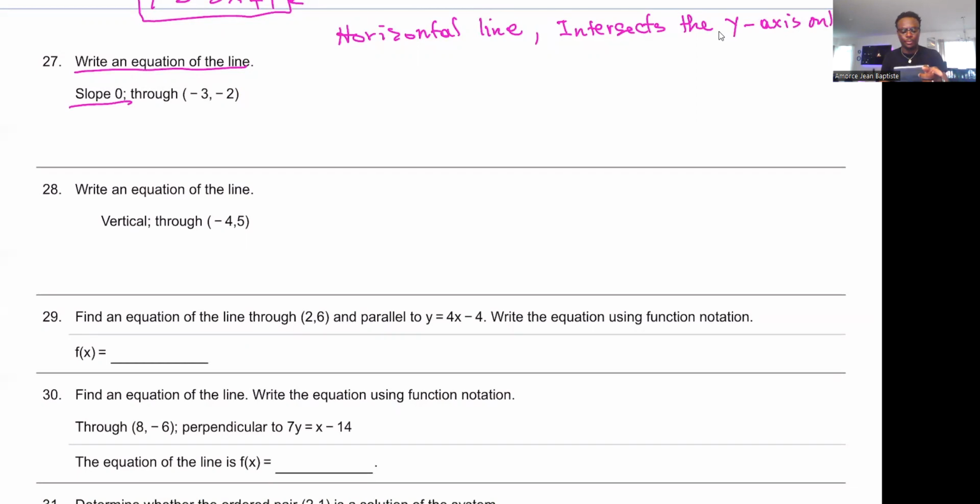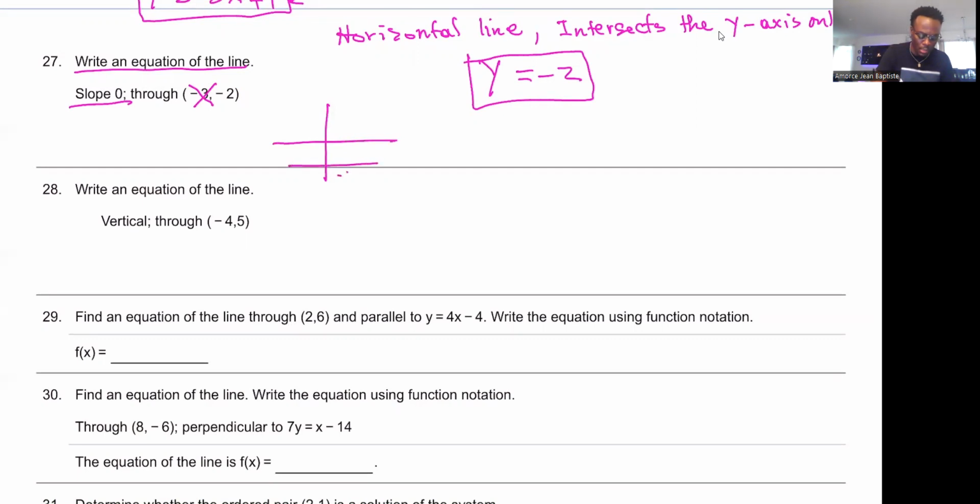That said, we don't need the x. We only have the y, that is y equals -2, the equation of the line that has a slope 0. This line will intersect the y-axis at y equals -2. That's how it would look. So that's my equation, y equals -2.